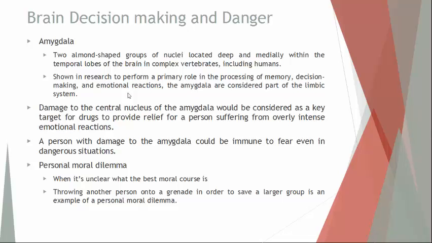A person that has damage to this section is also going to be immune from fear in a dangerous situation. That's because the amygdala helps you to remember dangerous situations and to keep you better prepared for that situation in the future.